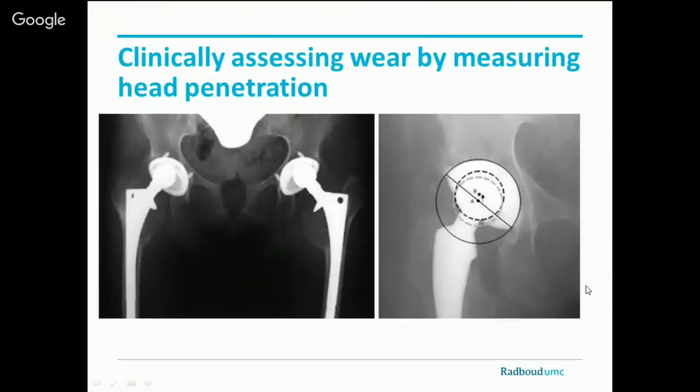On an X-ray, it's much more difficult. So people measure how much the femoral head is penetrating into the plastic. You can see clearly here that it's not in the middle anymore, here also. And so on the annual review, when the surgeon makes the X-ray, they're going to assess how much it has increased.